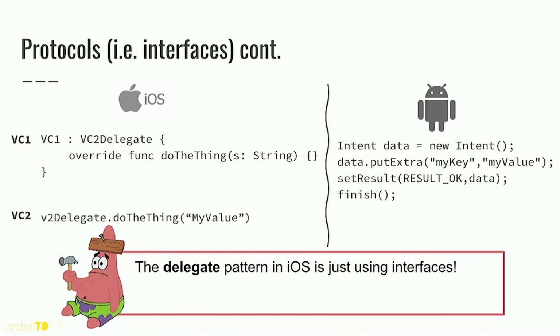When we dismiss view controller 2, we want it to send back some information to view controller 1. So what you do is you create a protocol like ViewController2Delegate, and then you have view controller 1 implement ViewController2Delegate. This way, view controller 2 will have a reference to view controller 1 as ViewController2Delegate, and then it'll just call, hey, ViewController2Delegate, do this thing, and then pass whatever information it wants to the method parameters.